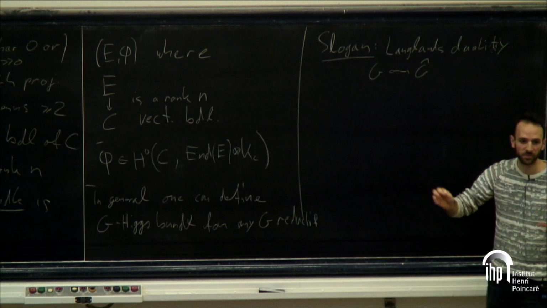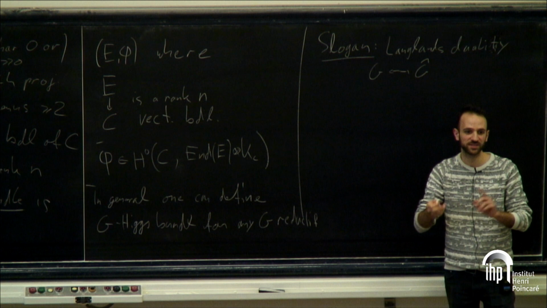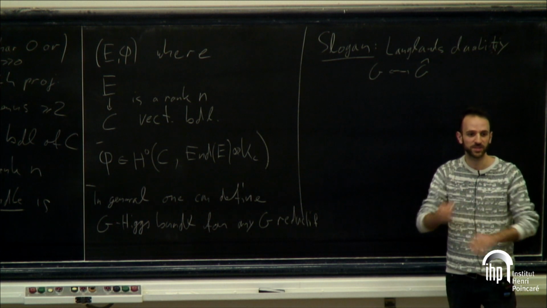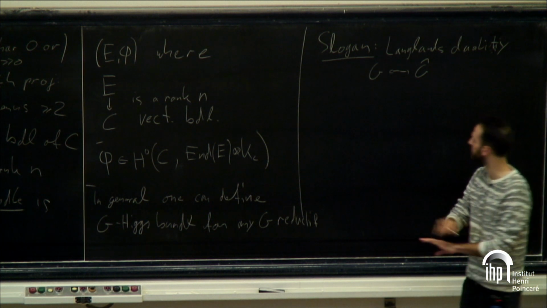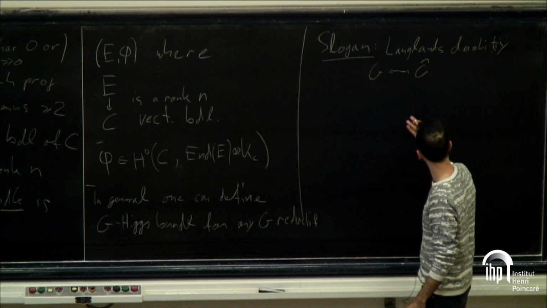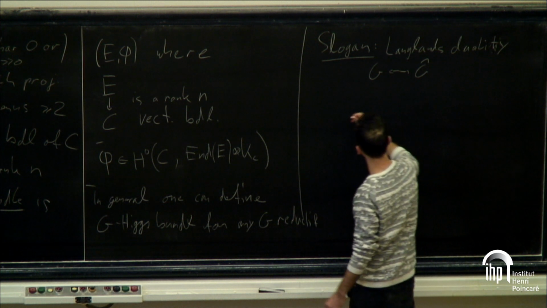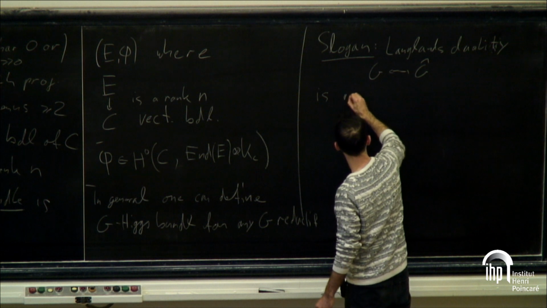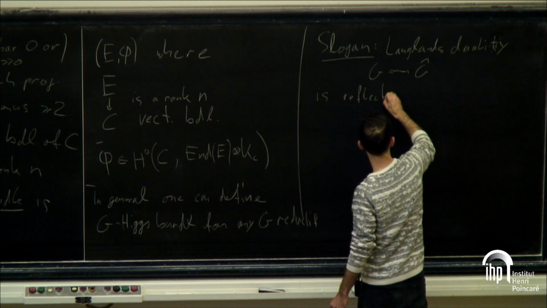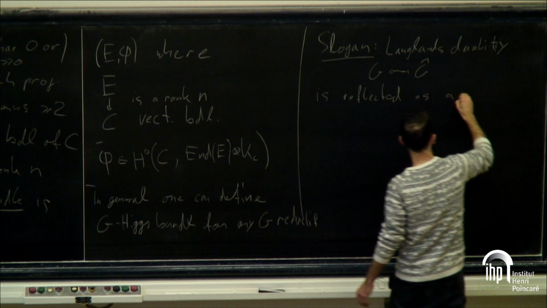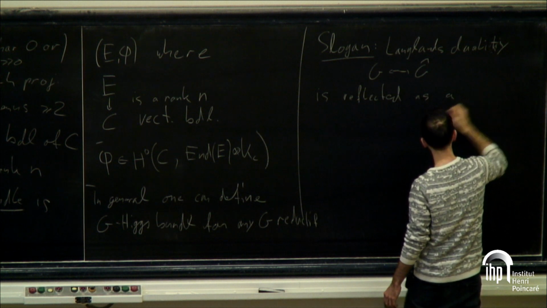This is purely combinatorial. You have a group, you have its root system, you have roots and coroots, and you just switch the two. You get from one group to another. And so this Langlands duality is reflected as a geometric duality.